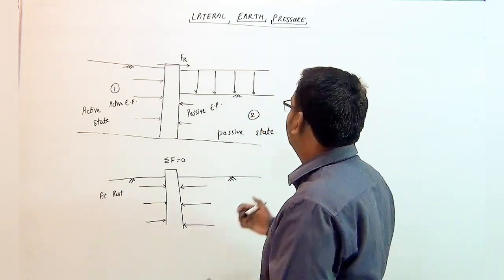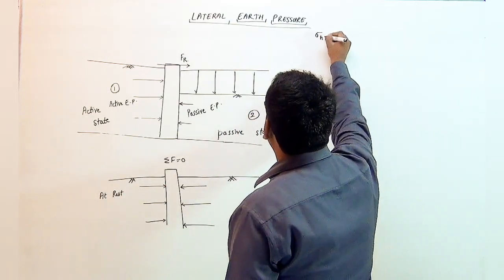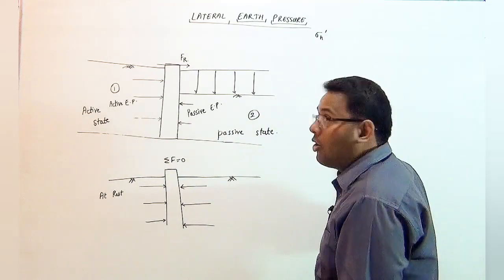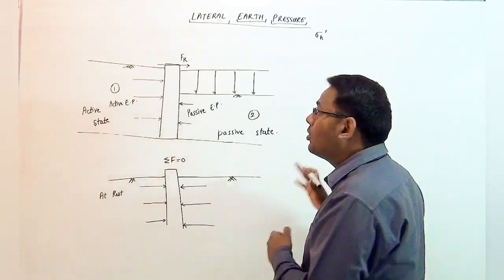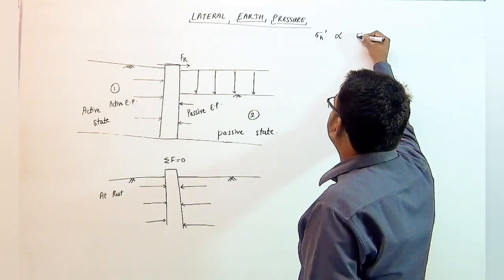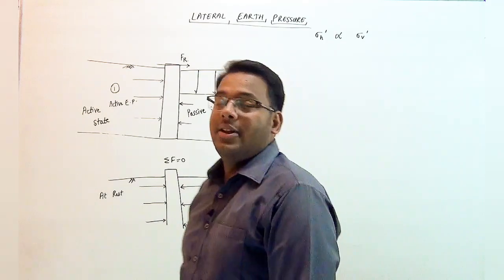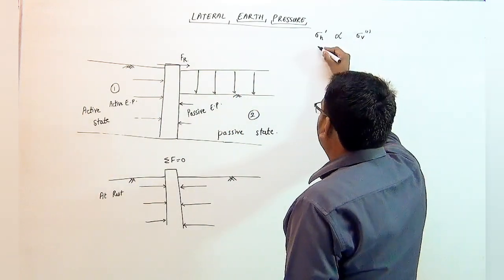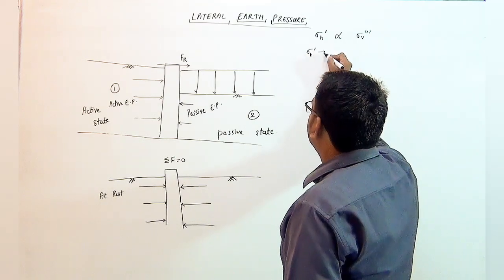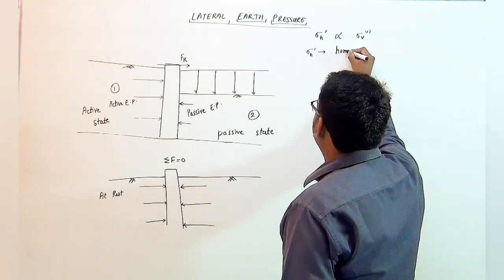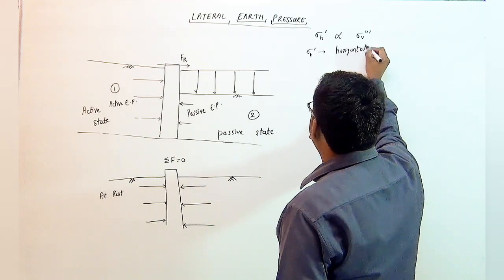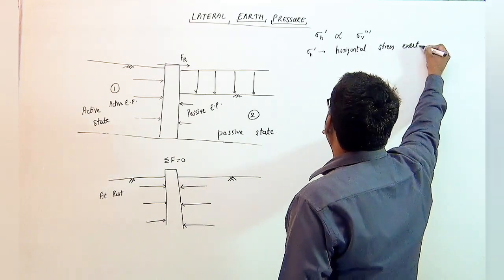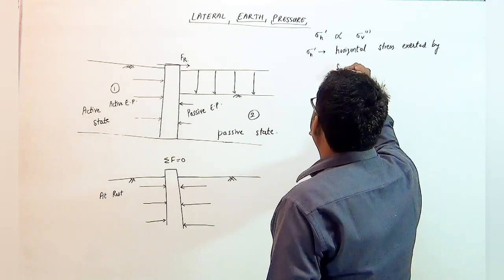That means we can say that the horizontal stress exerted by the soil will be directly proportional to the vertical stress acting on it. Here I have written this dash value, that means sigma h dash is representing the horizontal stress exerted by solids only.